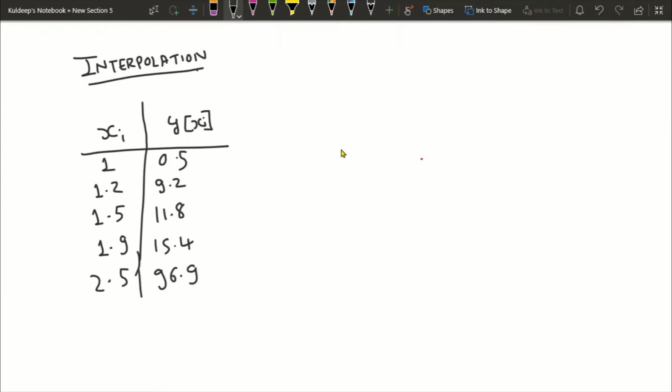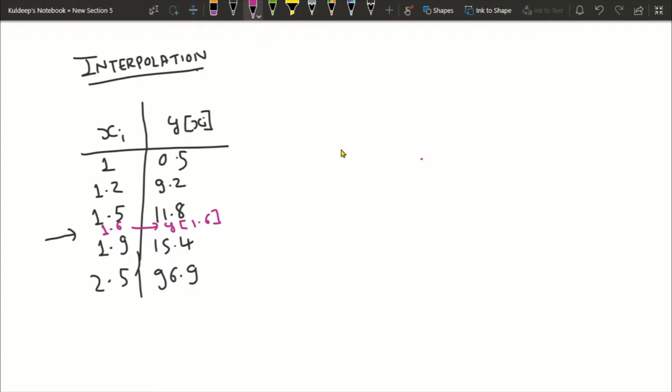Now if we are asked to find the value at point 1.6, suppose that you are asked to find the value of y of 1.6. We are not actually having in this array the value of y of 1.6, but using interpolation techniques you can actually find that value.